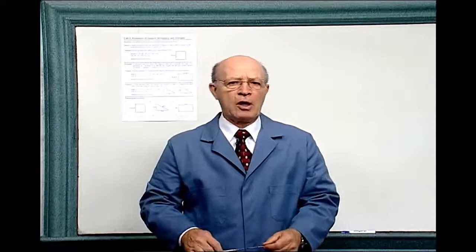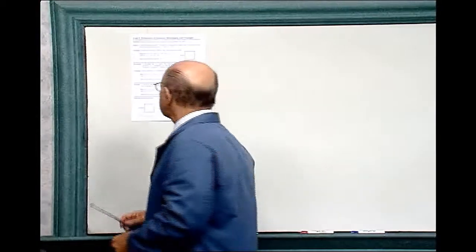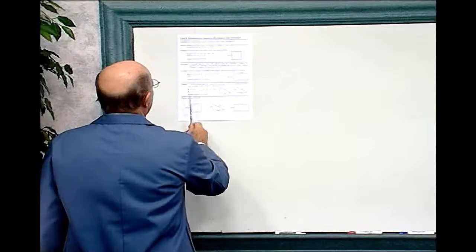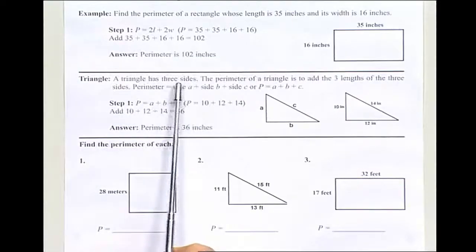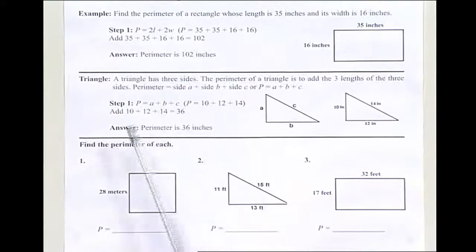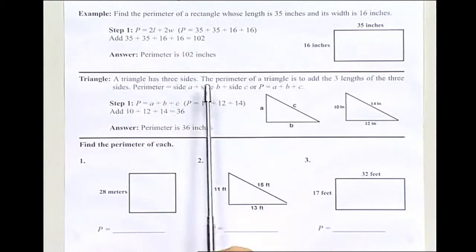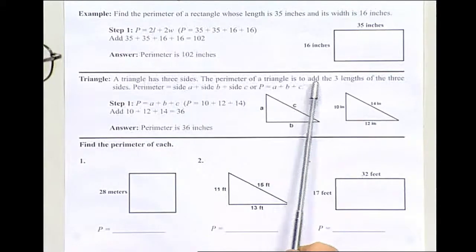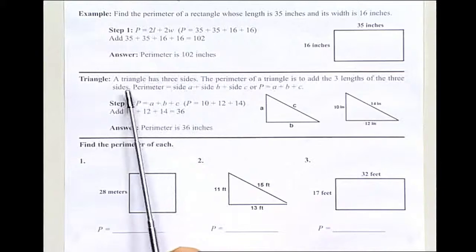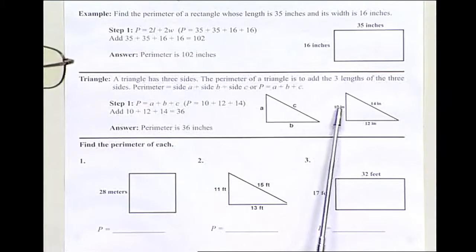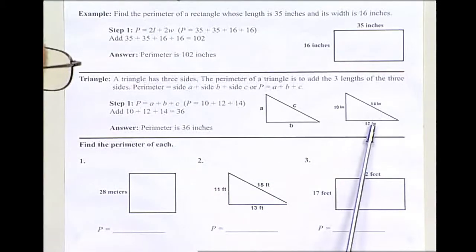Let's look at the perimeter of a triangle. A triangle has 3 sides, 1, 2, 3. That's true for any triangle. The perimeter of a triangle is to add the 3 lengths of the 3 sides. So we have to add 10 plus 14 plus 12.